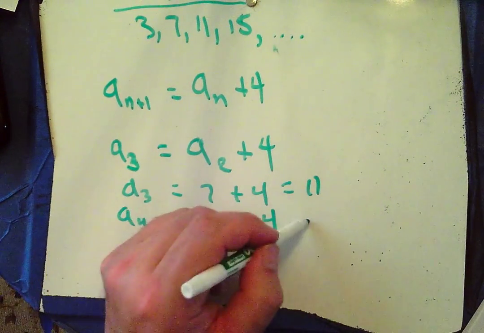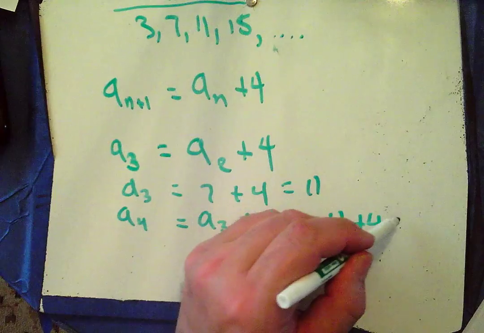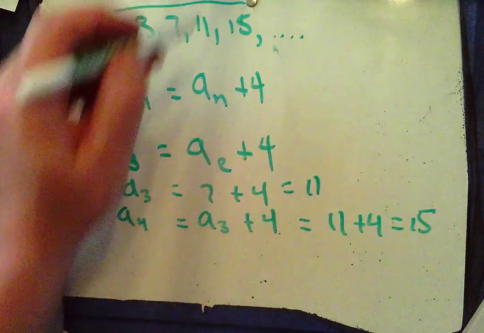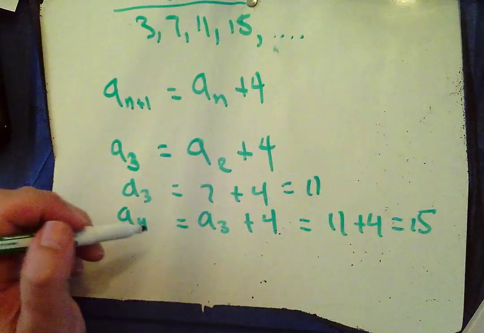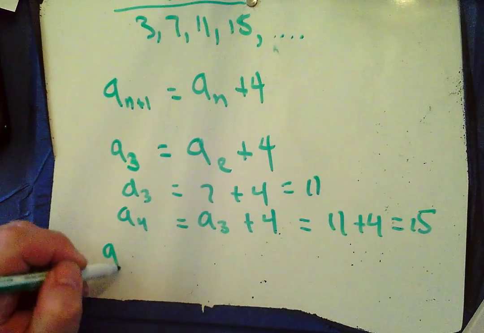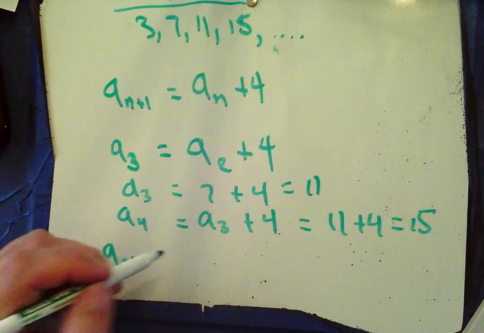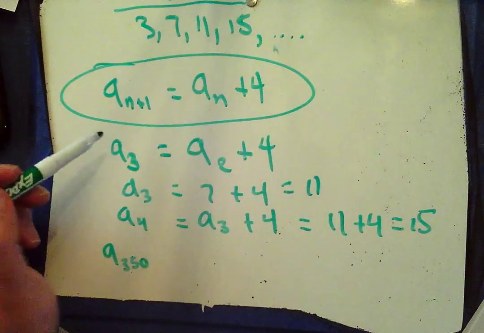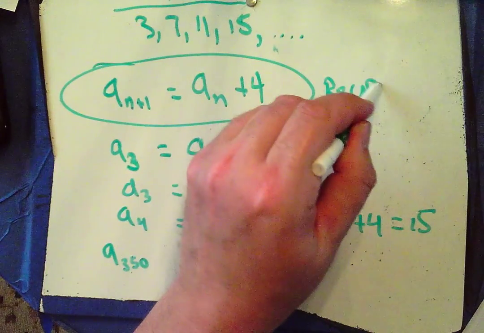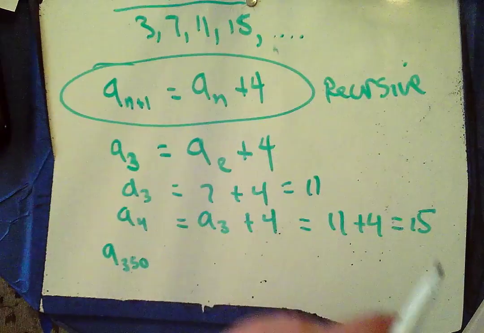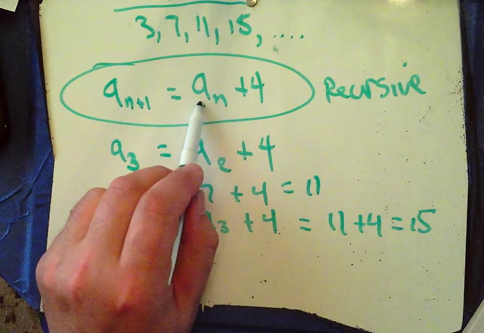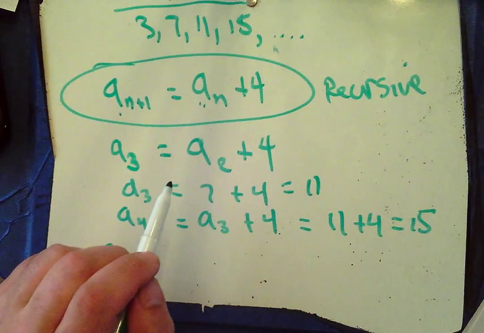That would give me 11 plus 4, or 15. So now I know that a sub 4 is 15. Sure is. But what happens if we have a sub 350? Well, in order to use this model, it's, by the way, called a recursive model because it requires you to know the value of the previous term in order to find the next term.